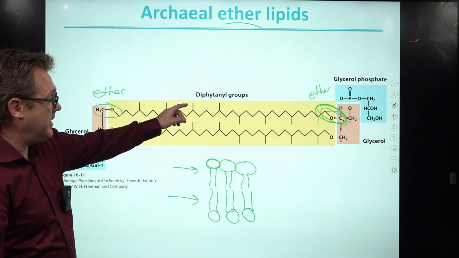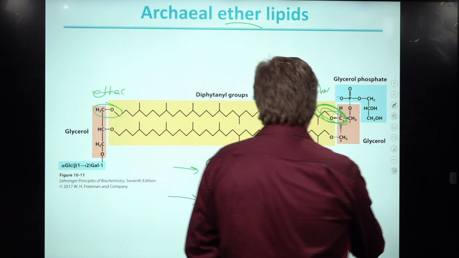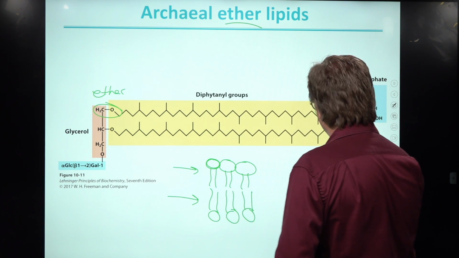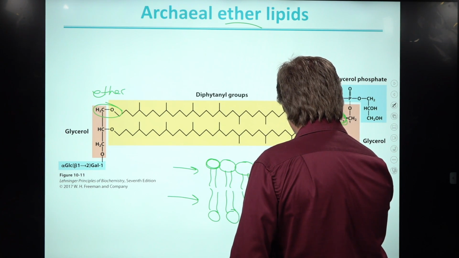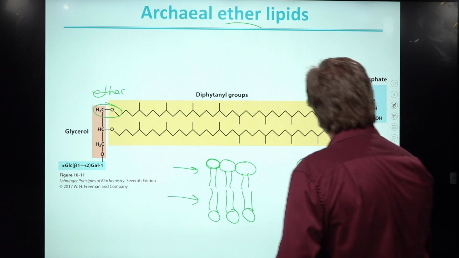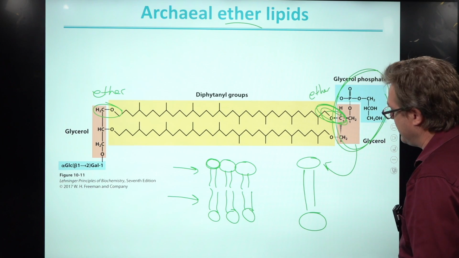Well, with archaeal ether lipids right here, look at what happens. It is simply, make it a little bit longer here. So this piece right here, that's going to be that guy right there.